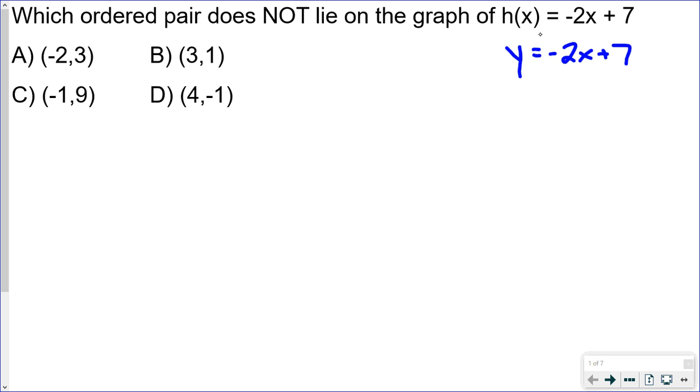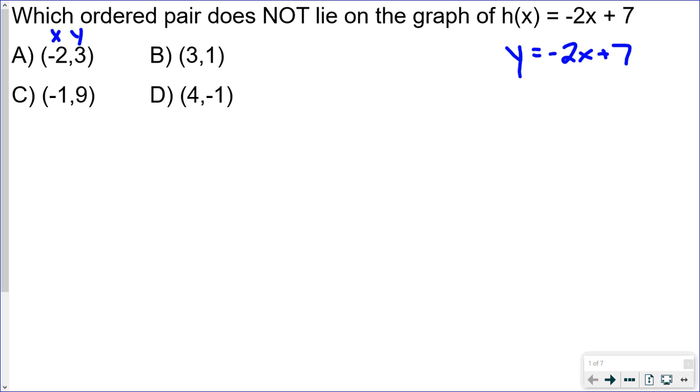Function notation is just a way that you can show what the input was, what the value of x was that you plugged in. And so what they're wanting us to do is to take these x, y ordered pairs and plug them in to the function and see which one is not true. So let me just show you, and it'll probably make more sense.